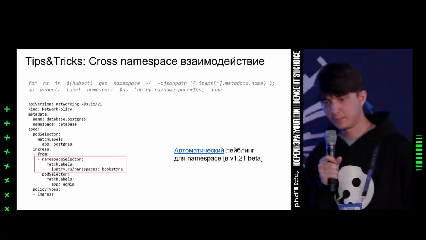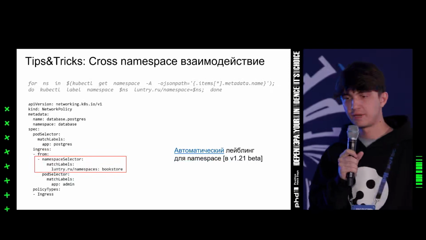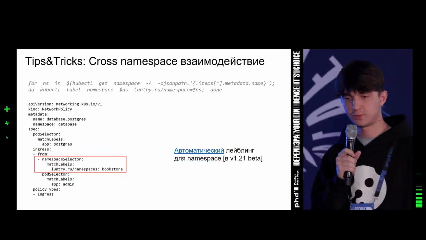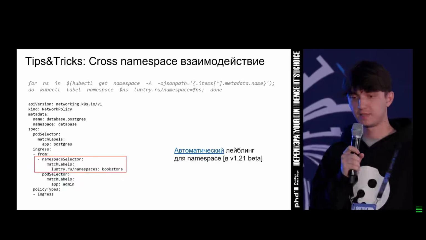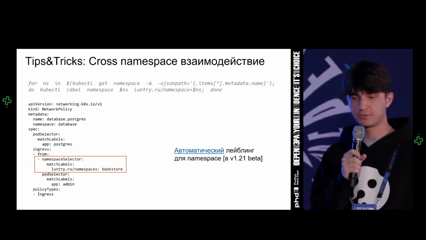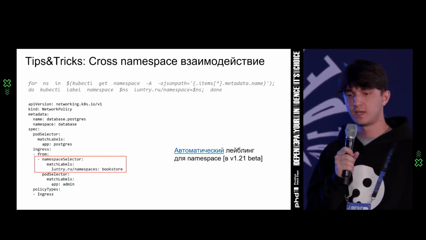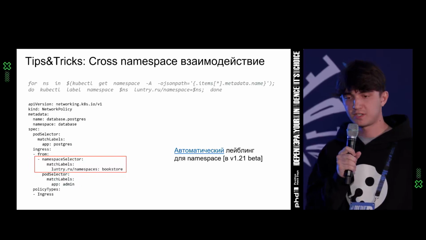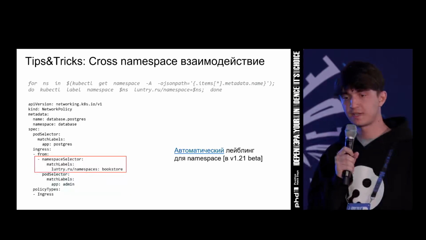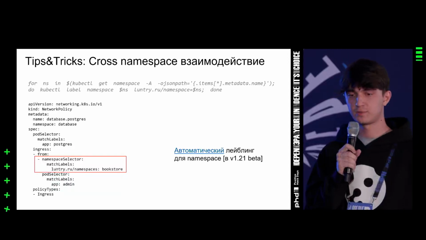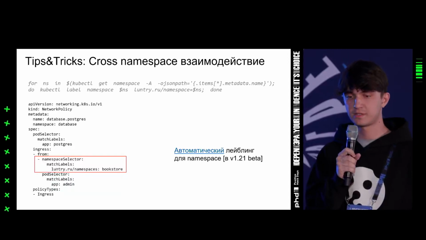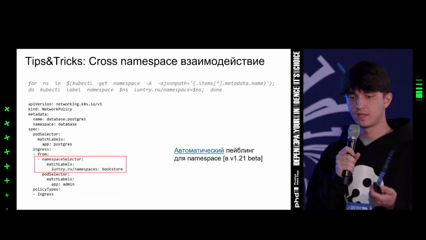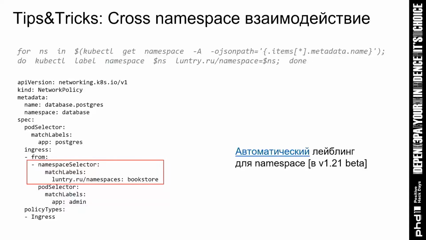In our team, we have an insider joke about how you know that network policy is not used in a company: if you have no labels on namespaces. If you want to control namespace to namespace interaction, you can label them with a particular command, one at a time.